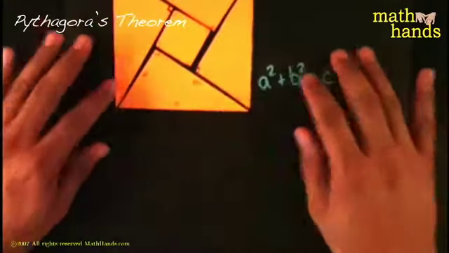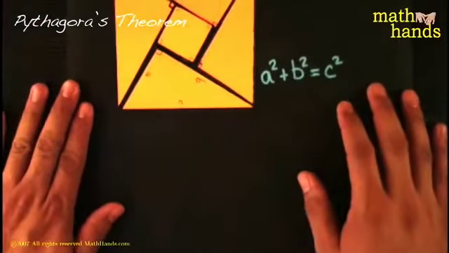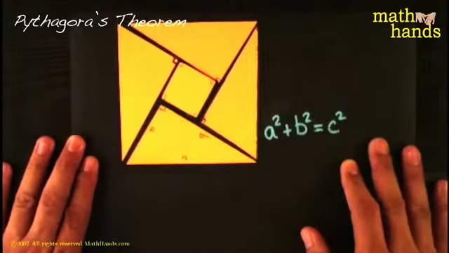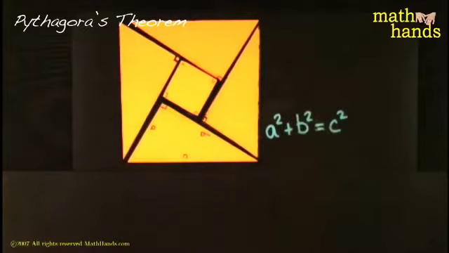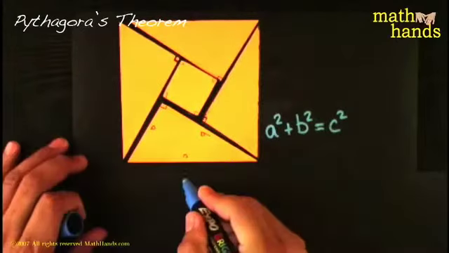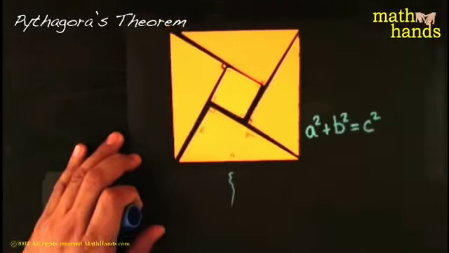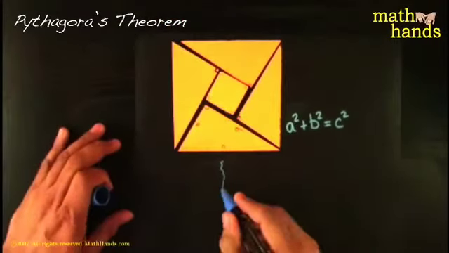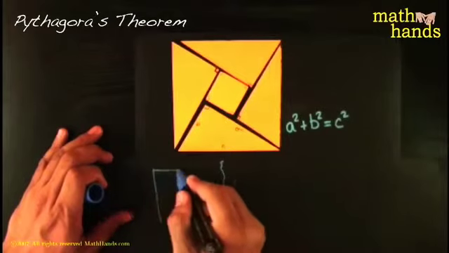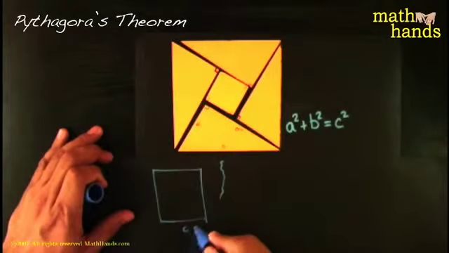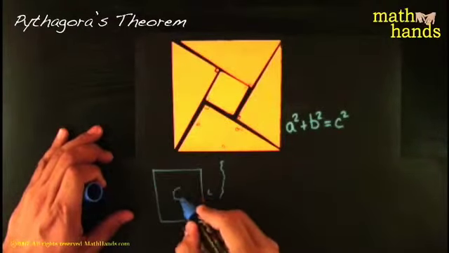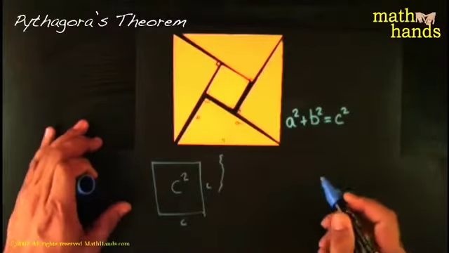Okay? And that's the amazingly creative idea: to take that big square and look at it in two different ways. Specifically, we're going to look at the area of that big square. On the one hand, let me see if I can zoom you out just a little bit. On the one hand, that's a big square where the sides are C and C, and so this area will be a C squared quantity.